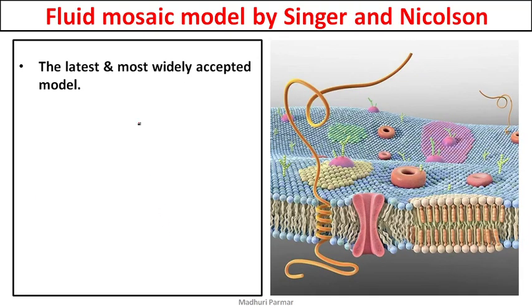Then came the modern and the most widely accepted model, called the fluid mosaic model, by Singer and Nicolson. As you can see here, this is a diagrammatic representation, but do you find it like a mosaic?